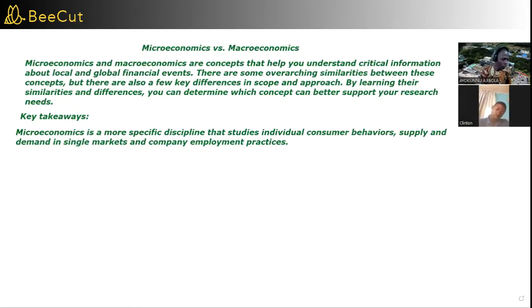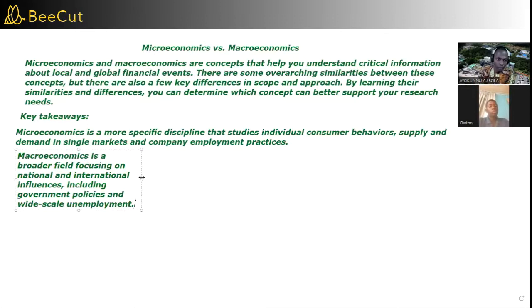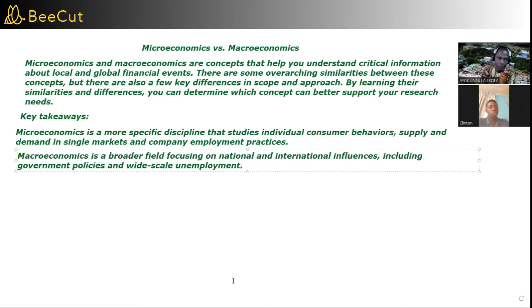It's more broad than micro, focusing on national and international influences, including government policies and wide-scale unemployment. So we want to look at what the causes of unemployment are, how companies are doing, or national finances or whatever. So we're talking about macroeconomics.